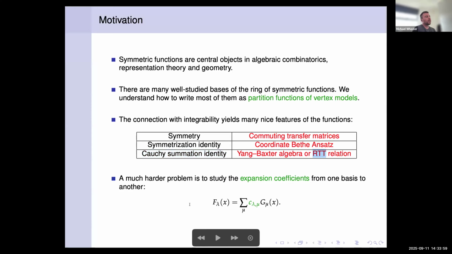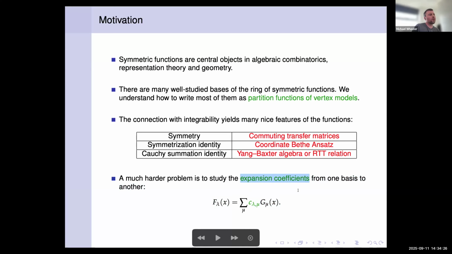What we would like to do is push this program even further and study another problem, which is to take two different bases for the ring of symmetric functions and expand one of them, say this family F, in terms of another family G. When you do that, you get a family of coefficients. These are the so-called expansion coefficients, and they will be the topic of this talk.